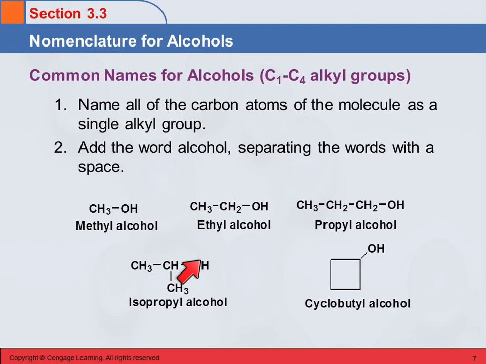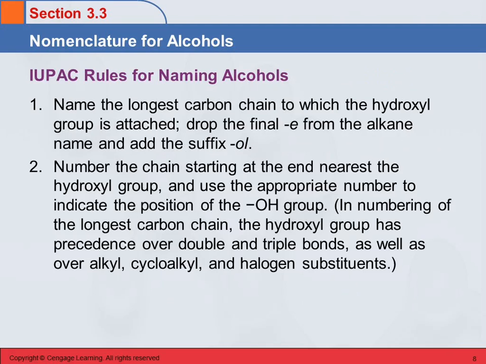Over here, if we put the OH on that middle carbon, this is the isopropyl group. So that's isopropyl alcohol. And here we could name this guy as cyclobutyl alcohol. So that's the common method of naming, and those are used for the smaller alcohols.